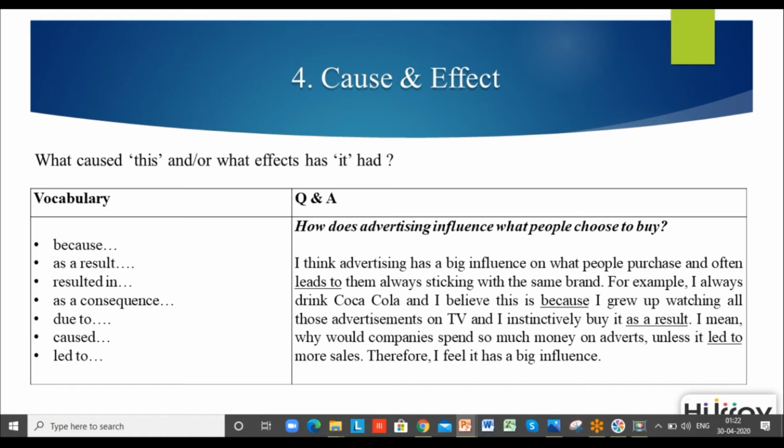For example, I always drink Coca-Cola, and I believe this is because I grew up watching all those advertisements on TV, and I instinctively buy it as a result. I mean, why would companies spend so much money on adverts unless it led to more sales? Therefore, I feel it has a big influence.